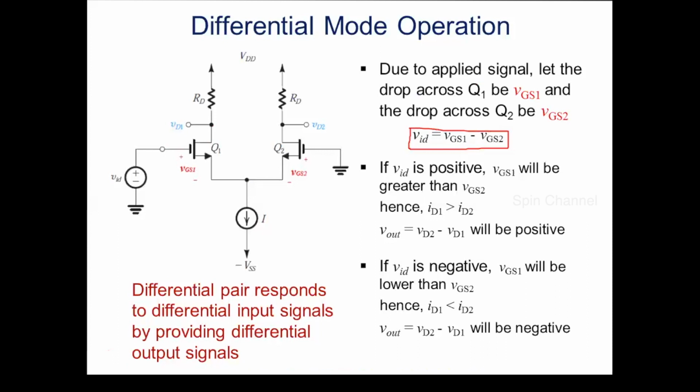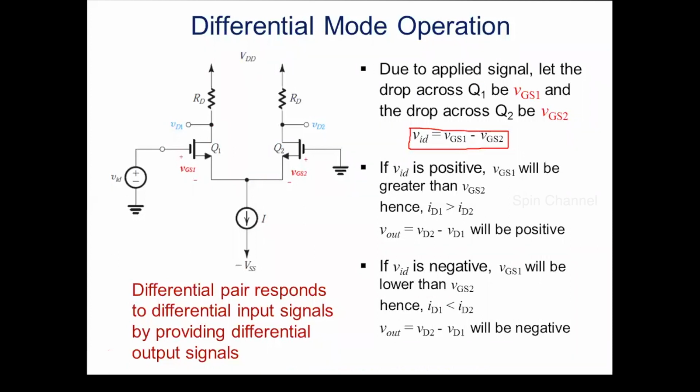Now, what is the value of this differential input voltage applied to the circuit so that the maximum current will flow in one of the transistors and it will make the output a differential output?